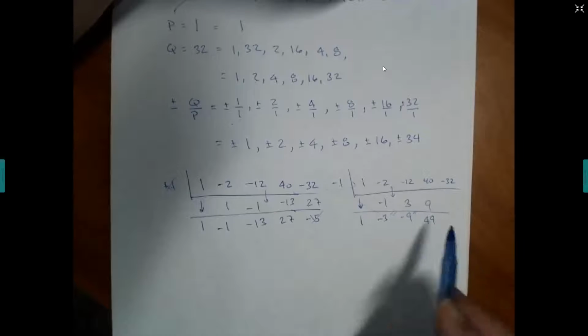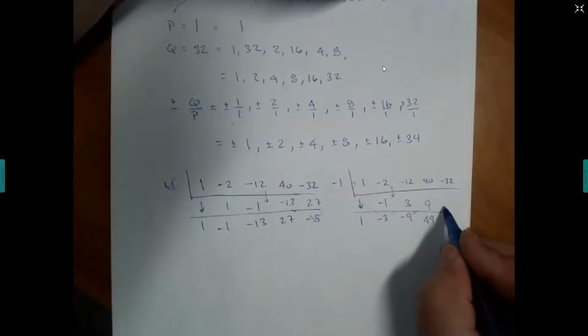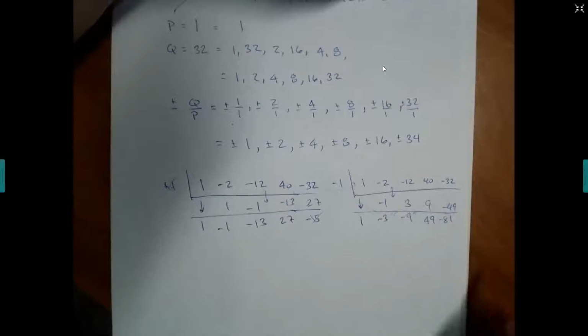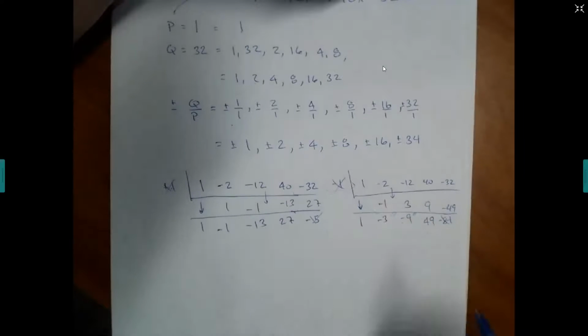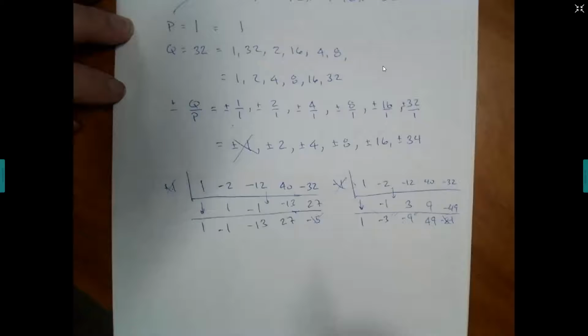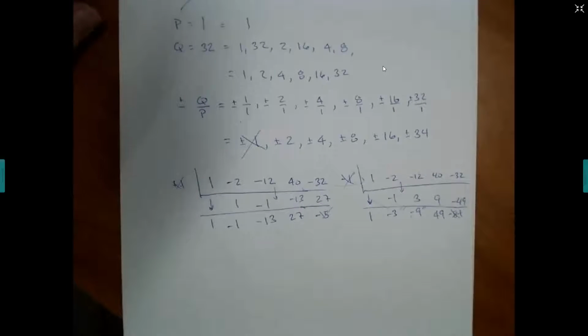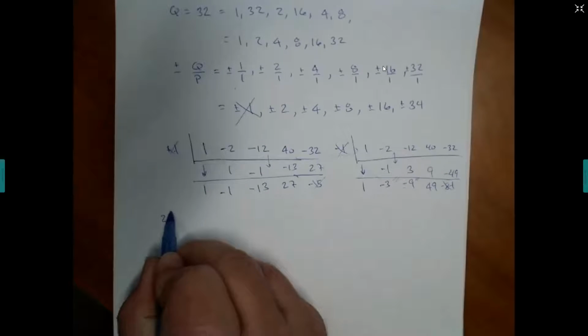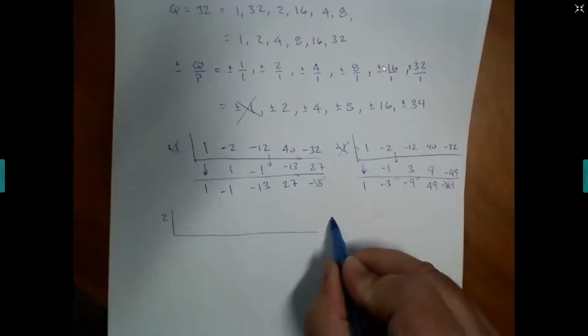It's 49. -1 times 49 is -49. It's going the wrong direction. -81. So it's neither of the ones. So we'll try 2 and -2.